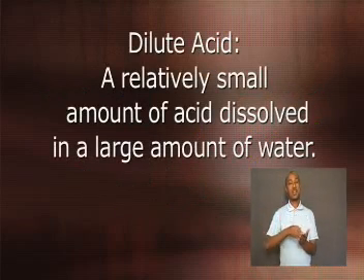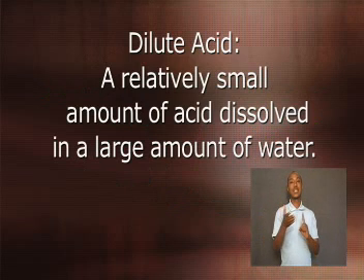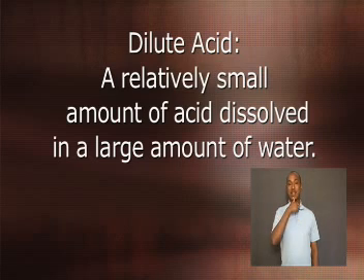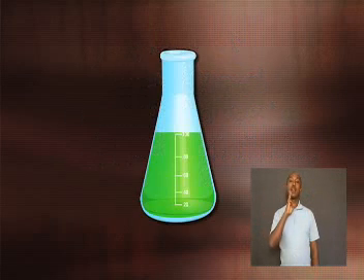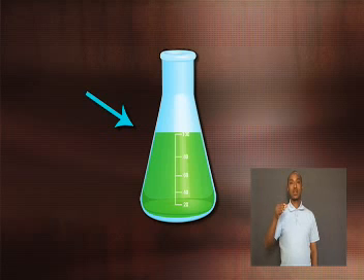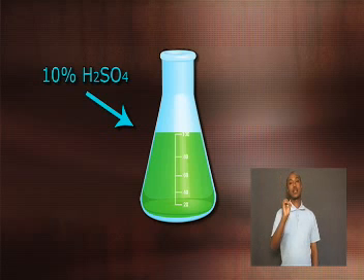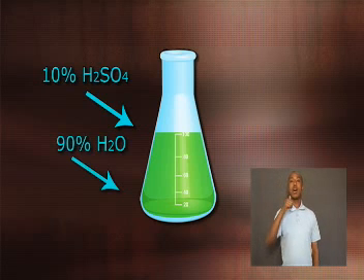A dilute acid contains a relatively small amount of acid dissolved in a large amount of water. For example, a diluted sulfuric acid solution might be 10% sulfuric acid and 90% water.